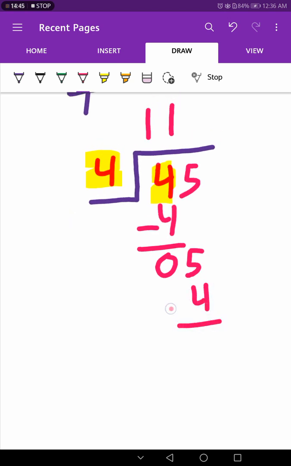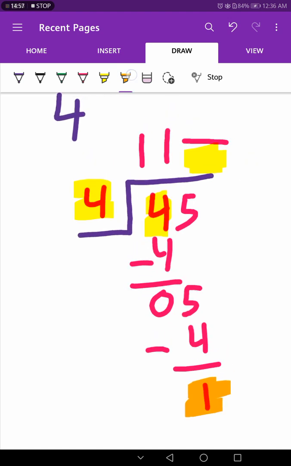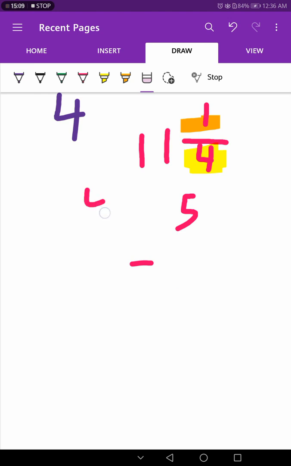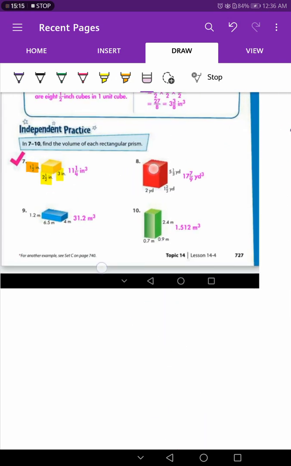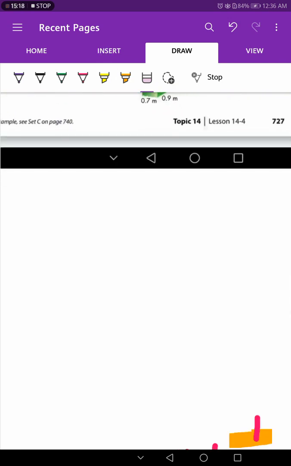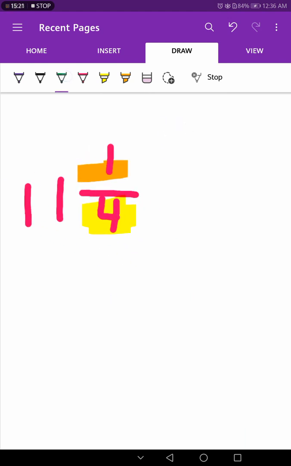We draw a line like this, and the 4 is down and the 1 is up, so it is 11 and a quarter. This is the volume, and the unit is inch, so it is 11 and a quarter inch with power 3, or inch cube.